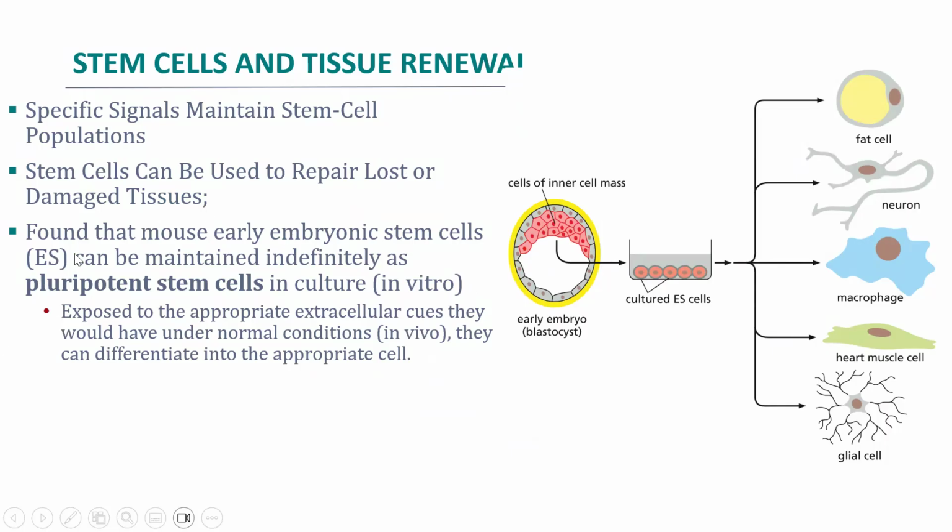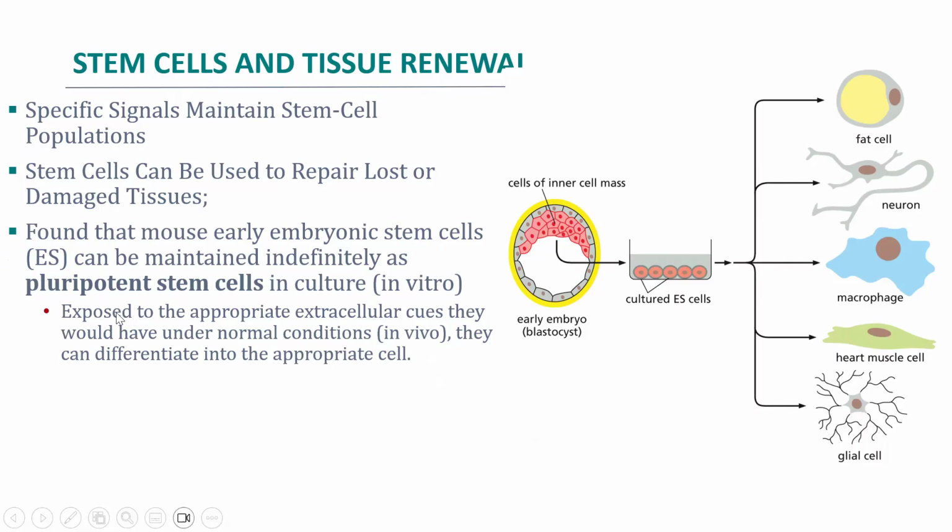So ES cells, these embryonic stem cells, can be maintained inside of a culture forever. And they can maintain the ability to become anything forever. So again, ES cells can be maintained indefinitely as what we call pluripotent cells.